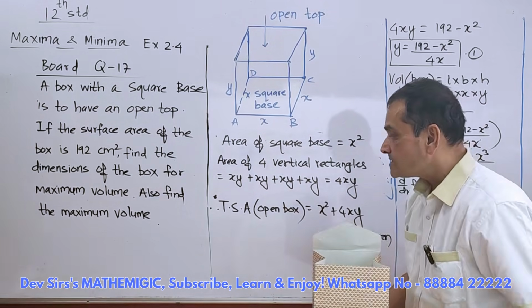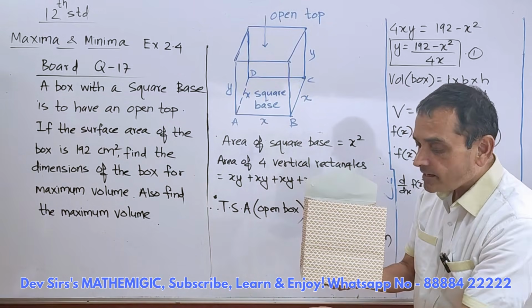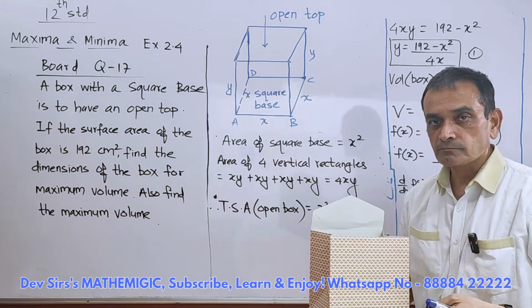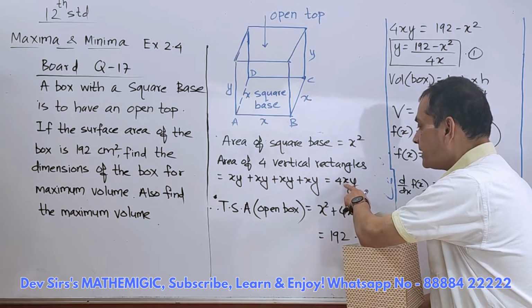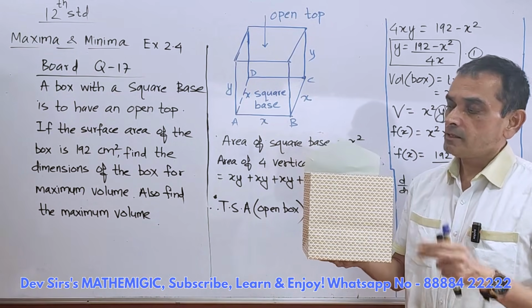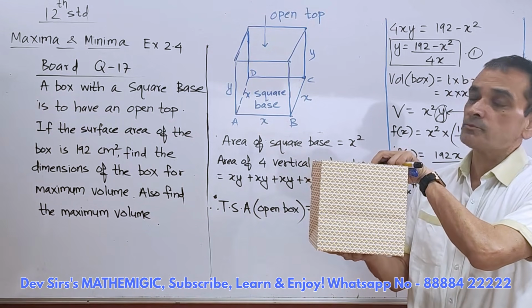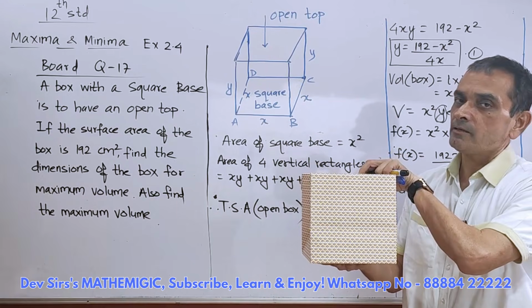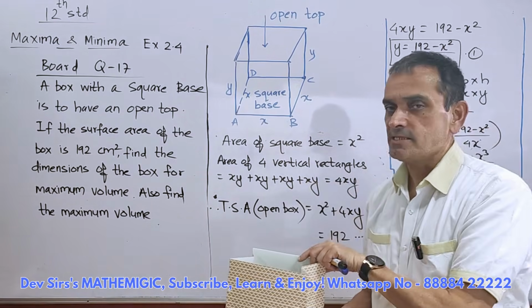So total surface area of the open box will be x squared plus 4xy. Area of the base plus area of 4 rectangles. Okay, so this is what we get. This flap is not there. It is open at the top. So ऊपर का x squared लिया नहीं है. Followed clearly? Understood clearly? Okay, nice.